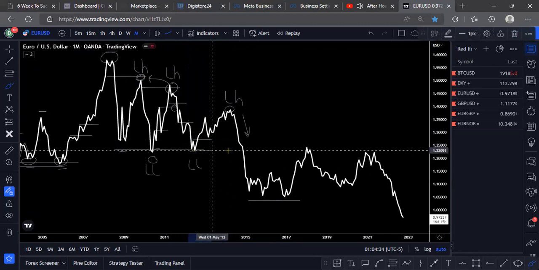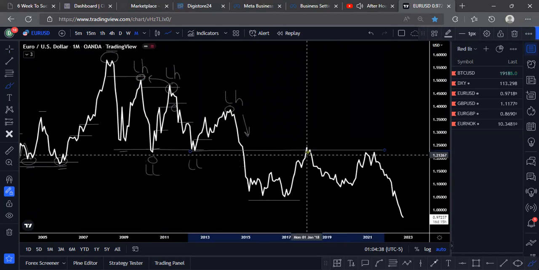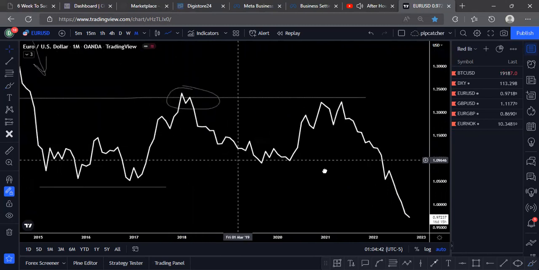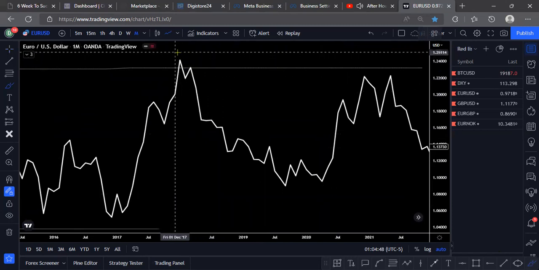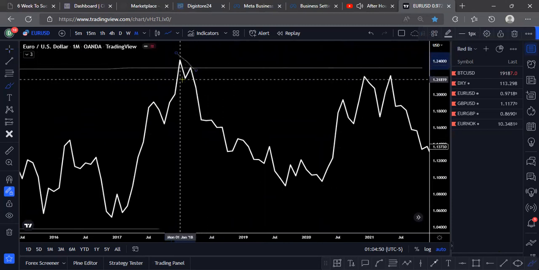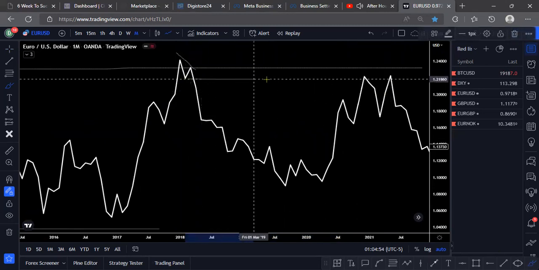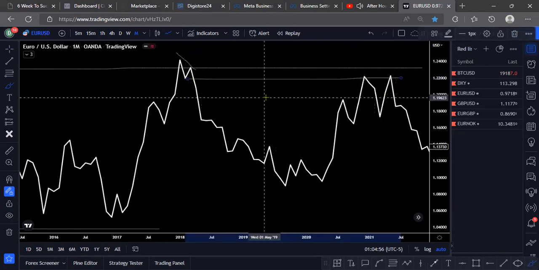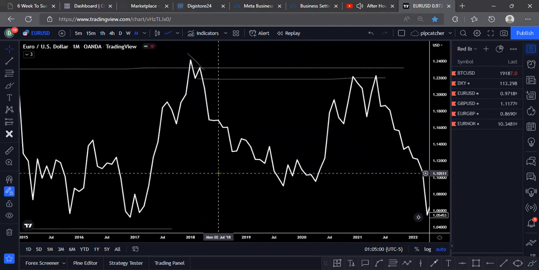Major structure, we see price go across. It comes back, retraces, and look at this shift in market structure right here in this area. Right here, you see? So price comes back to that area very cleanly.